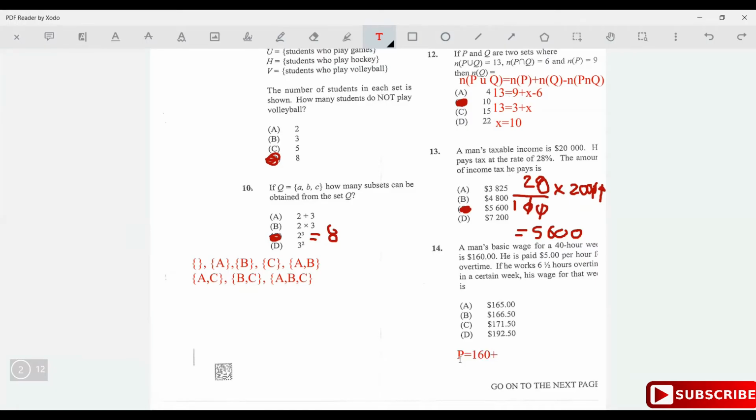And his overtime pay is $5 times 6.5 hours. So that's equal to 160 plus 5 times 6.5, which is 32.5. And so 160 plus 32.5 is 192.5. Easy question.